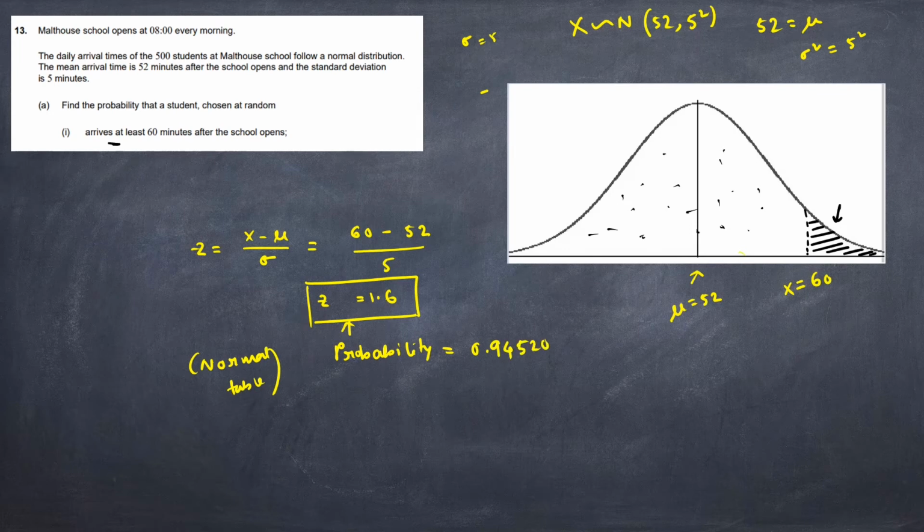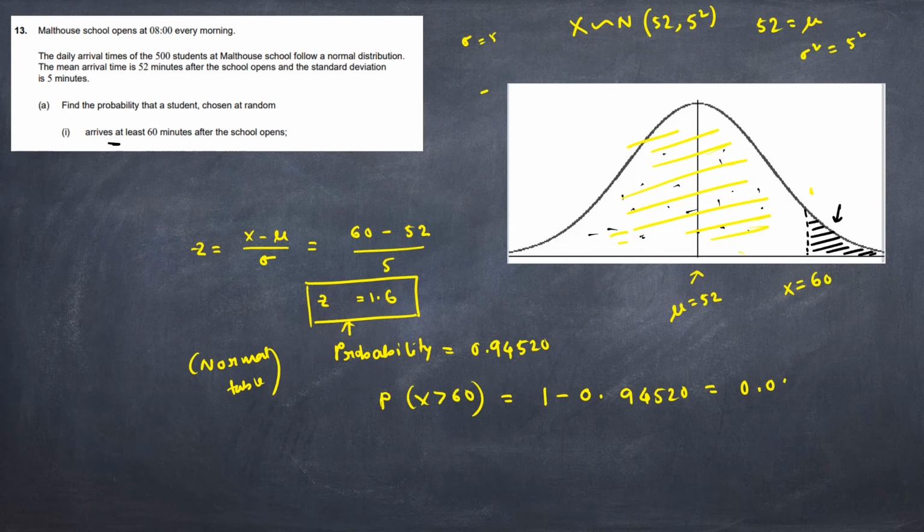As I have already told, this is the area of the dotted region, or the yellow shaded region. To find the area of the black shaded region, we need to deduct it from 1. So probability of x greater than 60 is 1 minus 0.94520. So the answer is 0.0548. This is the answer of the first question.